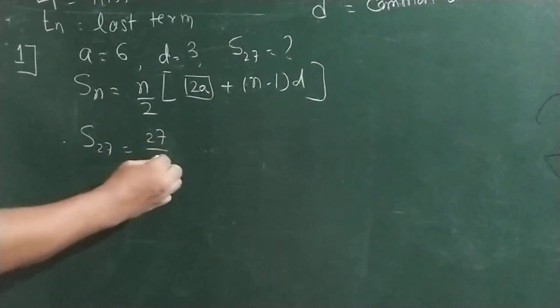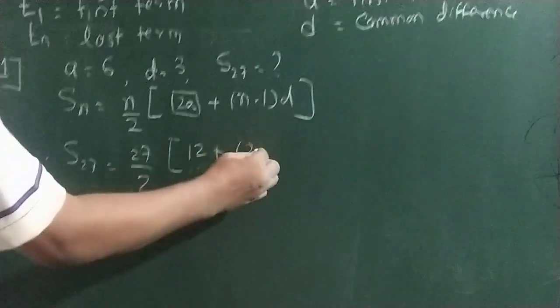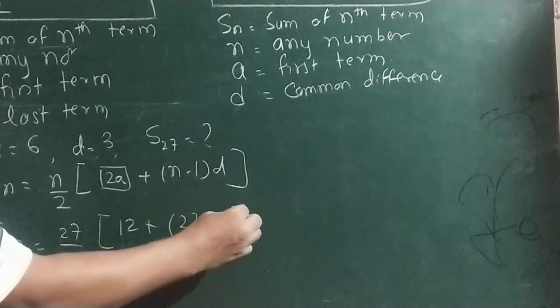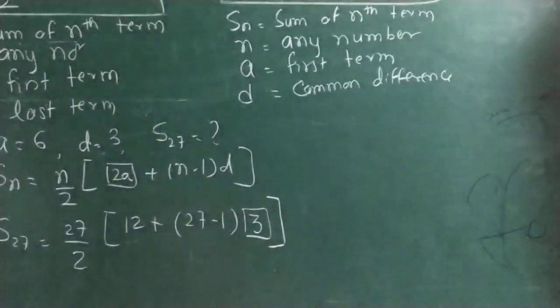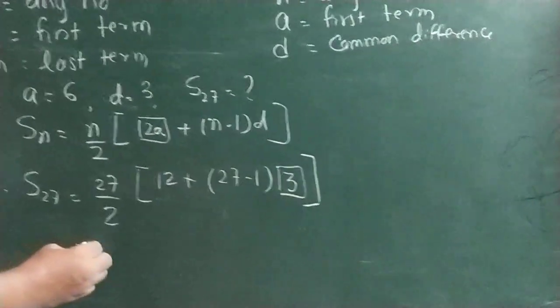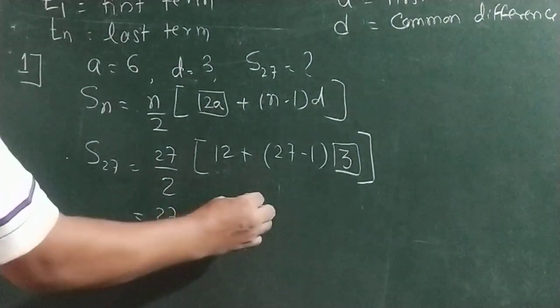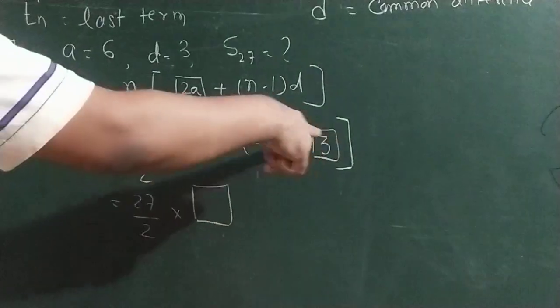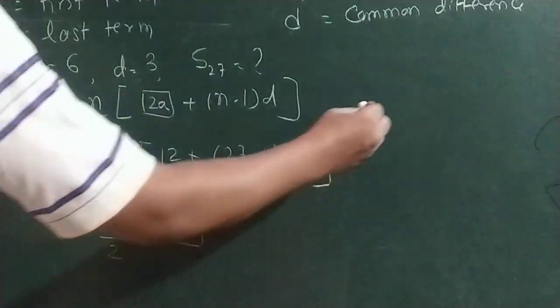27 upon 2, 12 plus 27 minus 1 d. Near the box, what is d here? 3. Bracket completed. Then 27 upon 2. Then they have given only one box. That means we have to do this calculation on a rough page.